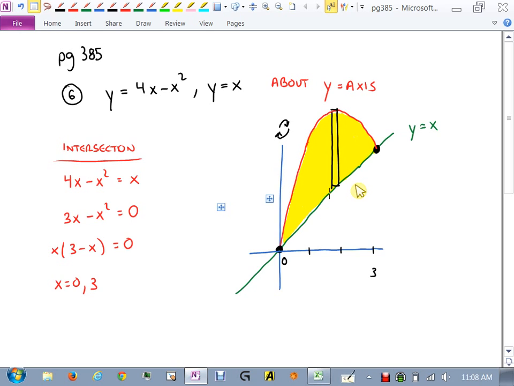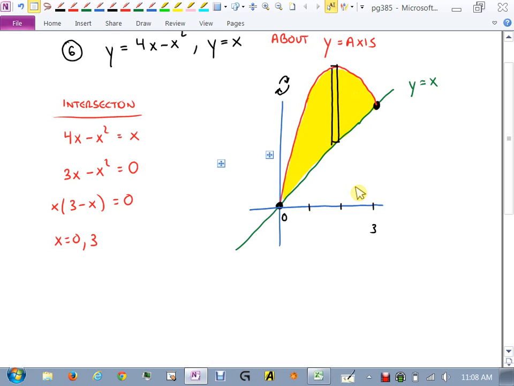Well, when we go to the formula to try and figure out, we know shells is going to be 2 pi integral a to b. Then we need the radius, which is the distance from our rectangle to the axis of rotation, and we need the top and bottom functions. That's the 3 things we'll need for shells.